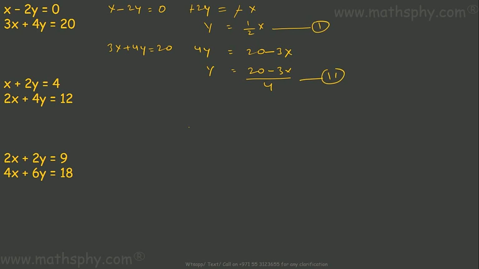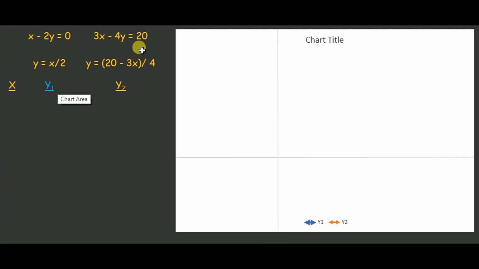Now, let's put some values of x in both the equations and get y values. I have these two equations here, x minus 2y is equal to 0, 3x plus 4y equals 20. This equation gave me y is equal to x over 2, and this equation gave me y is equal to 20 minus 3x over 4.